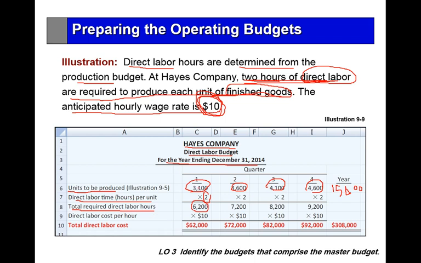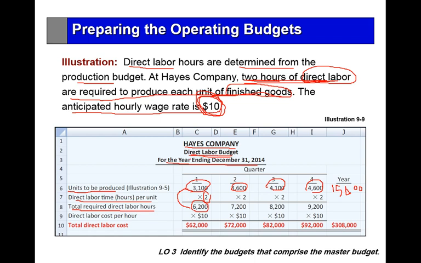We convert the output to input, from units of output to units of input, because this budget is for input, which is one of the manufacturing elements, direct labor.